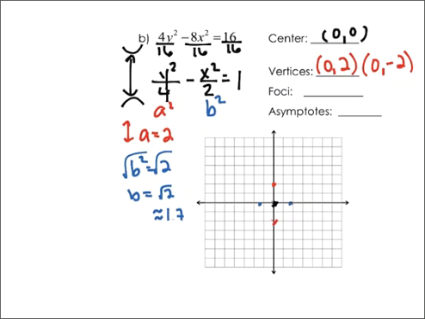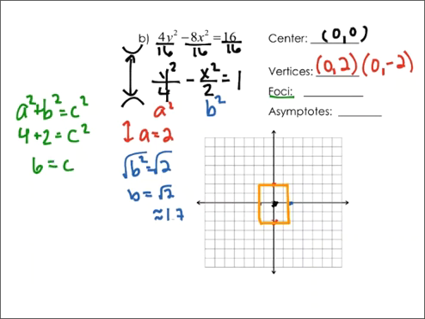Remember, that's what's going to help me make my rectangle. So if you want to go ahead and make that, there's my rectangle, and that's for the asymptotes. To find the foci, we need to use the formula a squared plus b squared is equal to c squared. A squared was 4, b squared was 2. Add those together and you get 6. So c is the square root of 6.